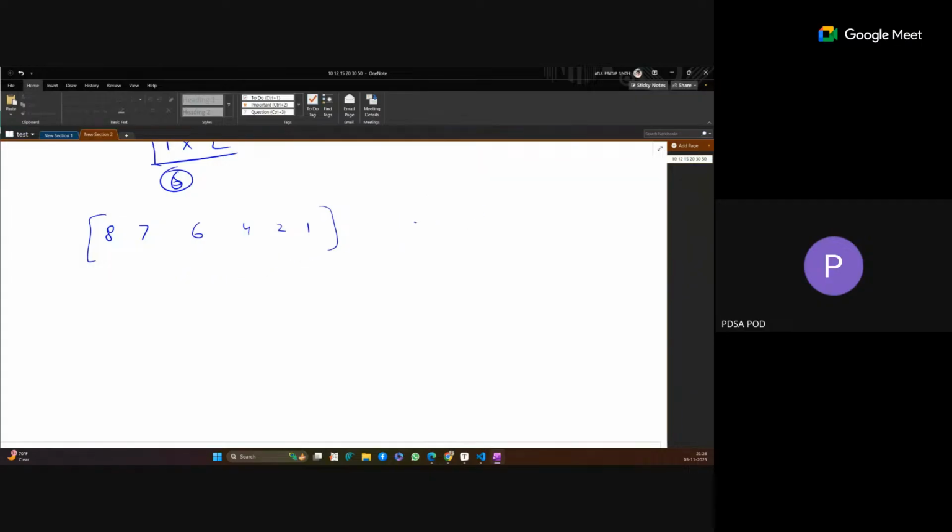Now I am trying to make the value 25 with these. The same algorithm applies here: 8 into 3 plus 1. So 3 into 8 is 24, now 1 is remaining, so 1 into 1, and it becomes 25. That is 4 coins. Is there any better solution than this?